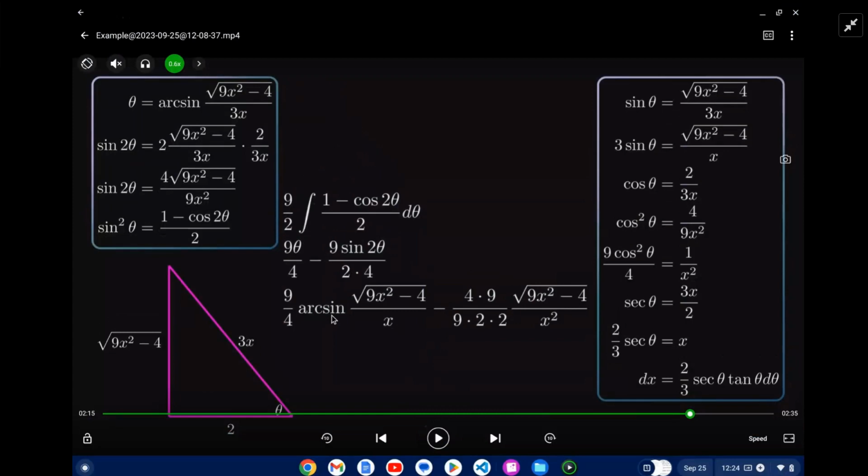So it's a 4 over 9. And then we have, no, that's a mistake. There's supposed to be a 4 here, because you're going to have a 9 and a 4 and a 4 and a 9. That's all got to cancel. Sorry about that. That's a 4. I think my final answer is going to be correct.